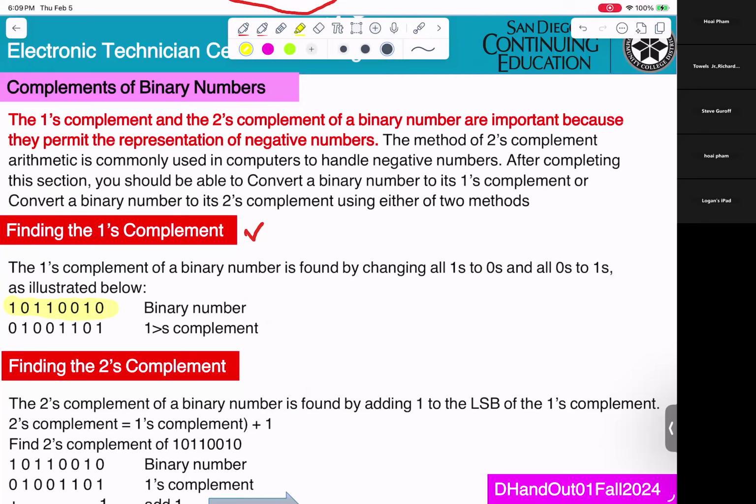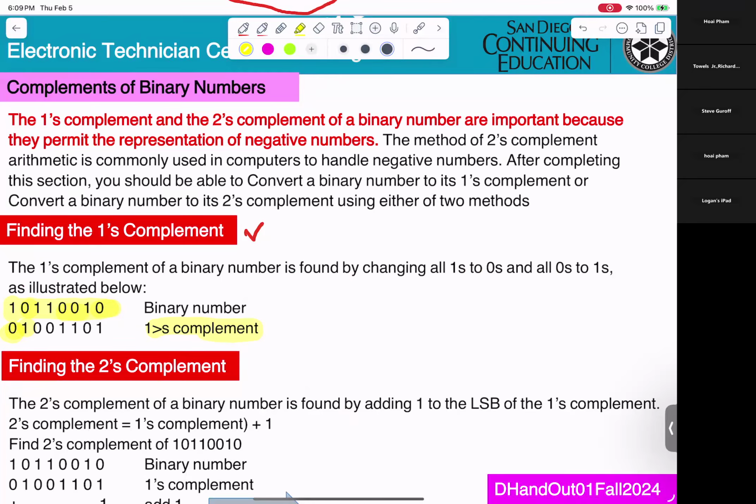That's a binary number. If you want it in first complement, change 1 to 0, change 0 to 1. Keep going. That's the first complement. Very simple.